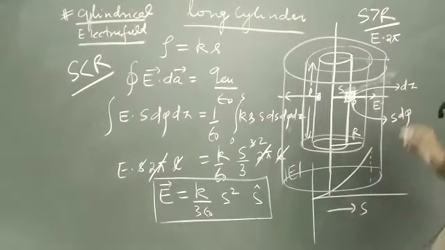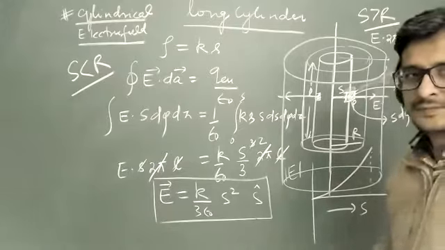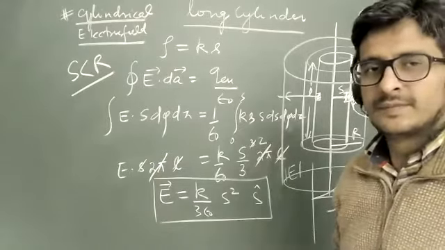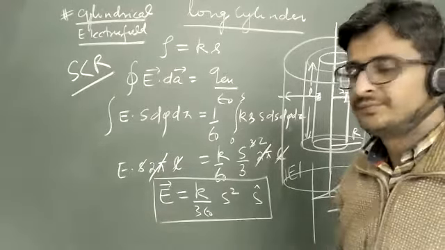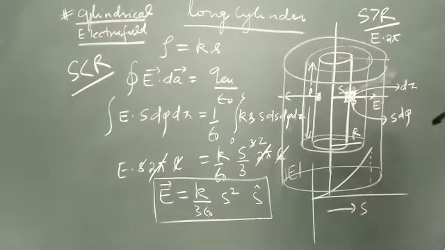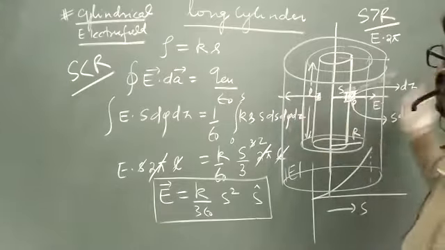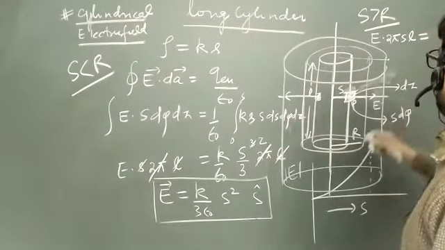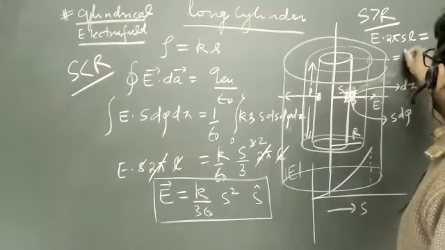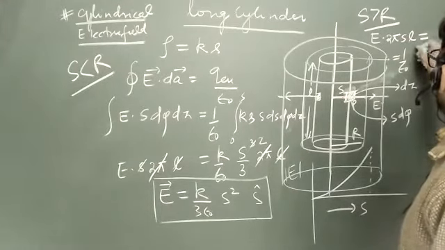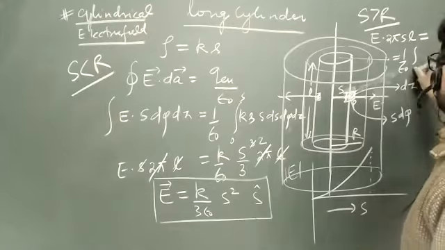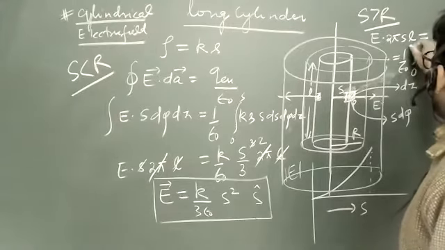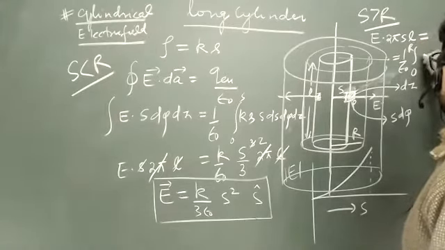2 pi, what will come here, Puneet? SL, sir. SL will come, sir, since we are looking at the outer surface. Yes. So you are on the curved surface, so it will be 2 pi S into L, and that will be equal to 1 upon epsilon naught integral 0 to R of rho d tau.